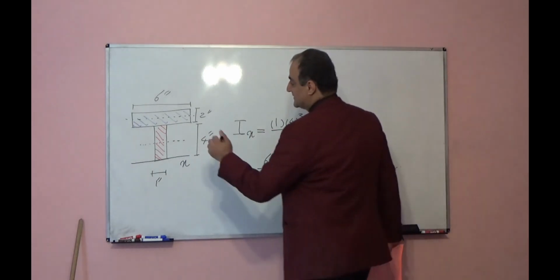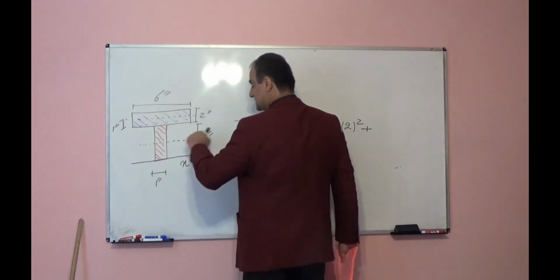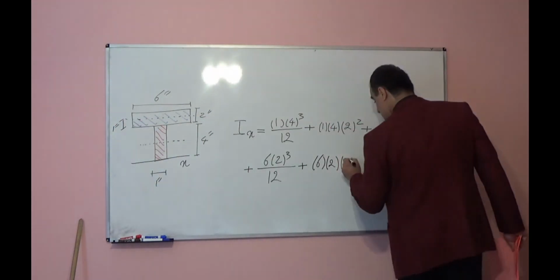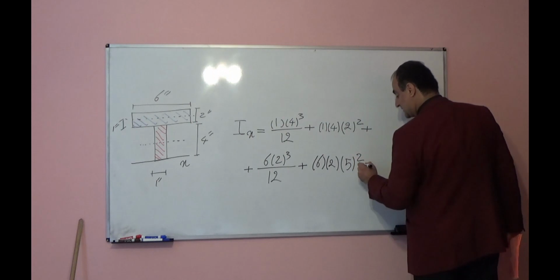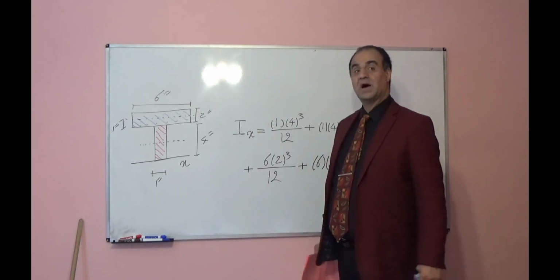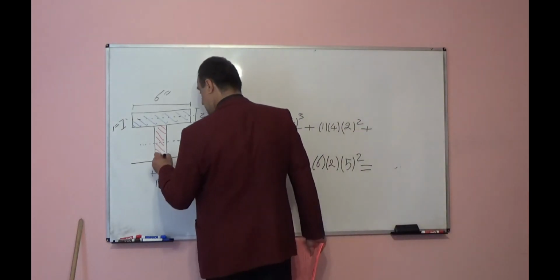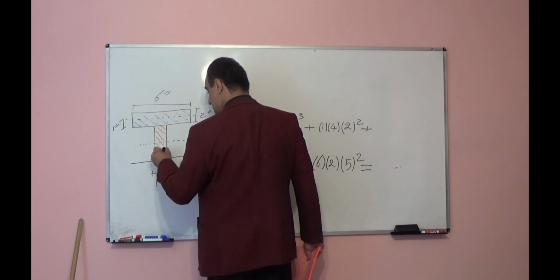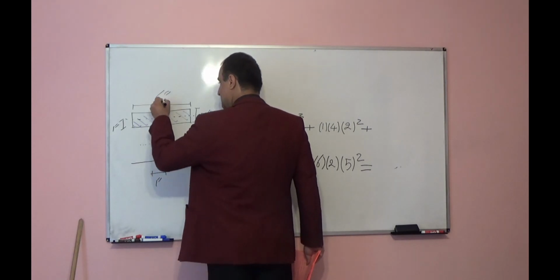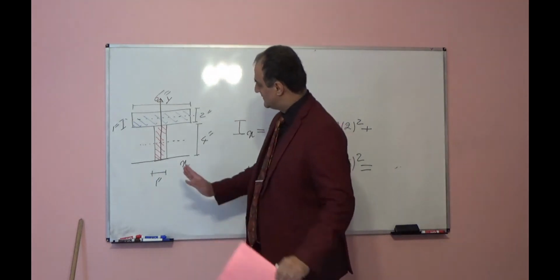The distance will be 1 inch from here, 1 plus 4, it will be 5 squared. That will be our Ix.